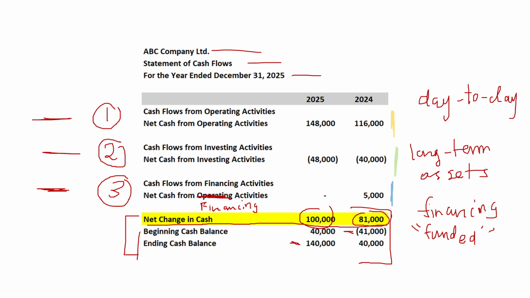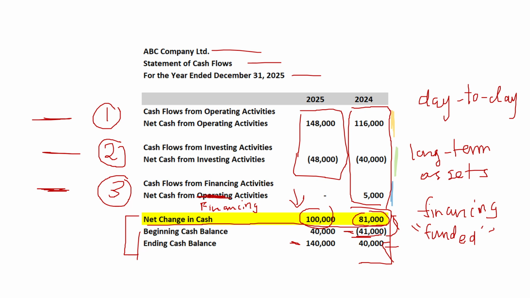The change in cash is the sum of all the cash inflows and outflows from the three activities. The sum of those is the net change in cash. Then you're going to see how at the beginning of 2024, there was 41,000. You just add the change, whether it's positive or negative, and you get the ending cash.